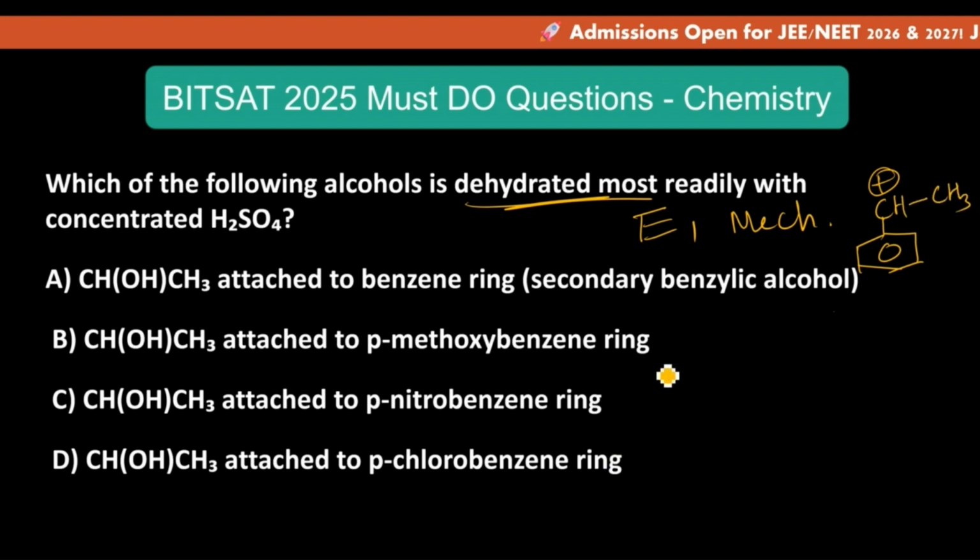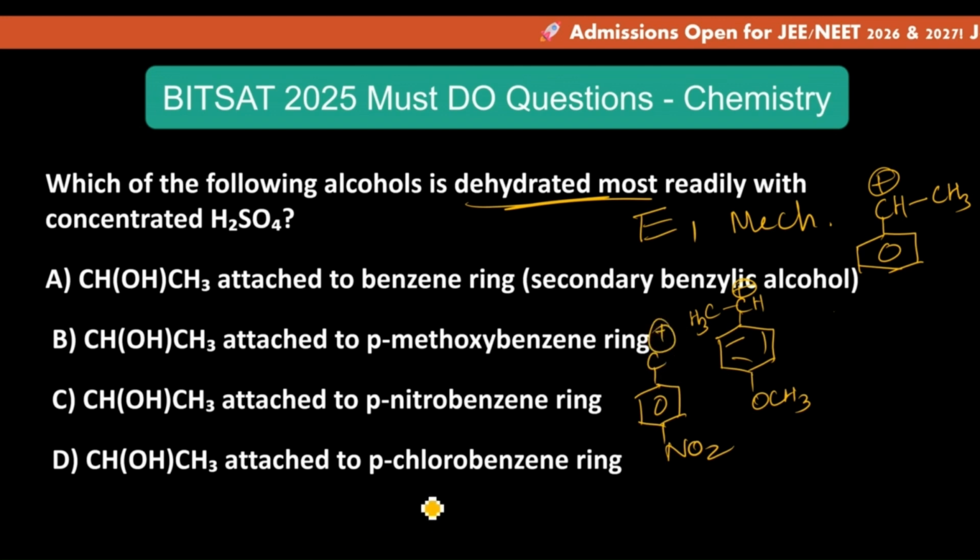Another one is the para-methoxybenzene ring. Then the third option says para-nitro, the same kind of carbocation, and the final one is the para-chlorobenzene ring. Okay, so now we have to determine which substituent influences the most.